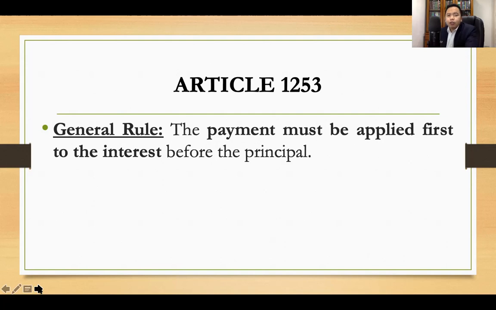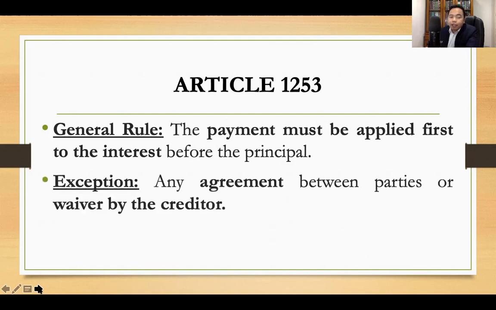Let us go to Article 1253. As a general rule, class, the payment must be applied first to the interest before the principal, except if there is an agreement existing between the parties or there is waiver by the creditor. In other words, class, the debtor may not insist that this payment will be applied to the principal obligation first.